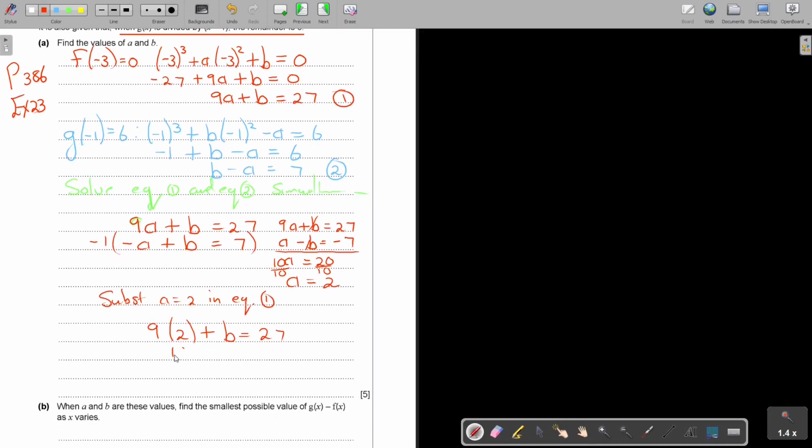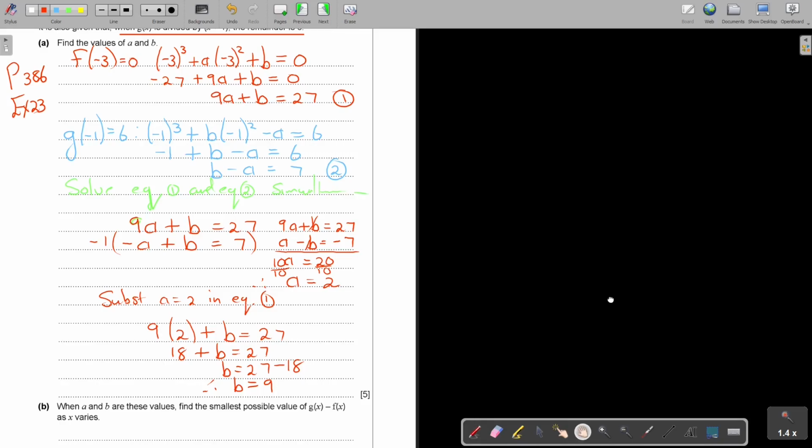So 18 plus b equals 27, so b is equal to 27 minus 18. Therefore, b is equal to 9. So there you have your values, a as well as b. This is score marks, especially for this paper.